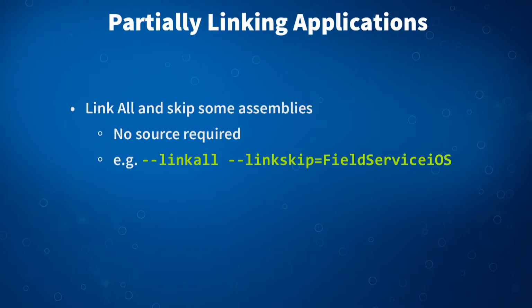The first one is to link everything and to skip some assemblies. Like in this case, the field service iOS assembly is where the database table types are defined. You will lose part of the size optimization, but it's very easy to do and does not require you to have access to the source code. You can just use the additional link skip option.